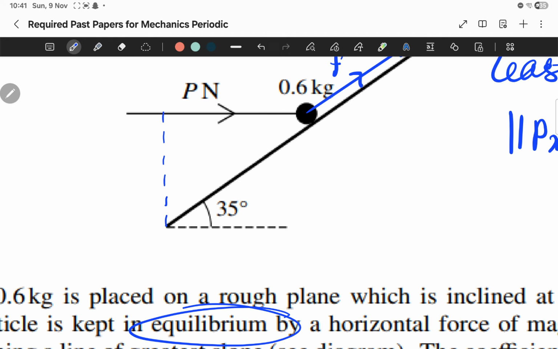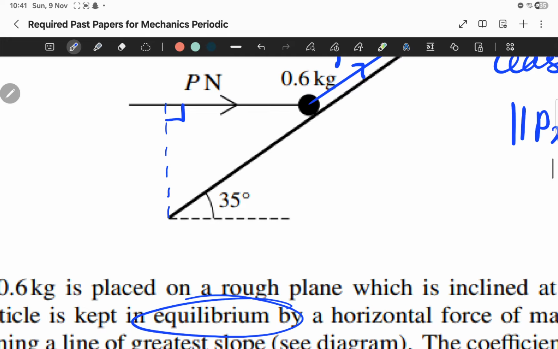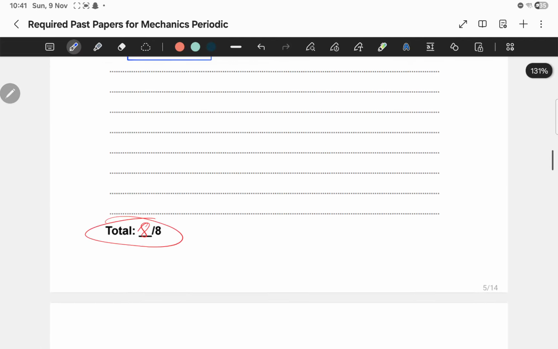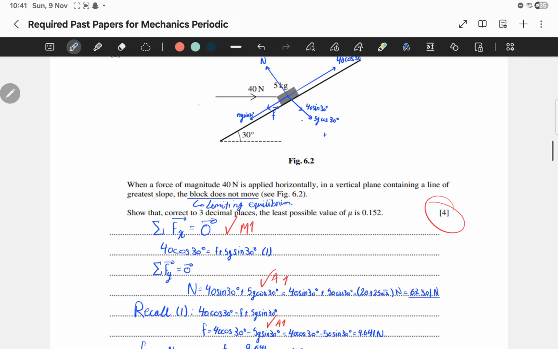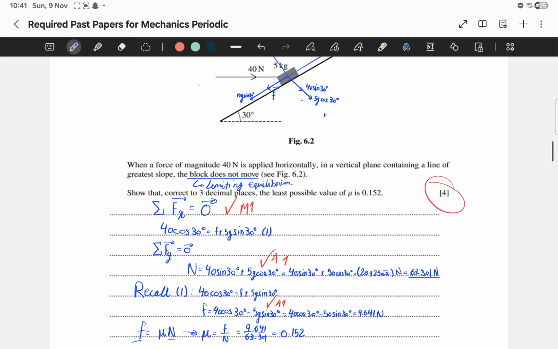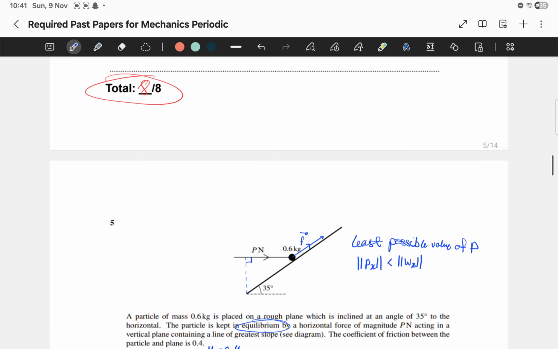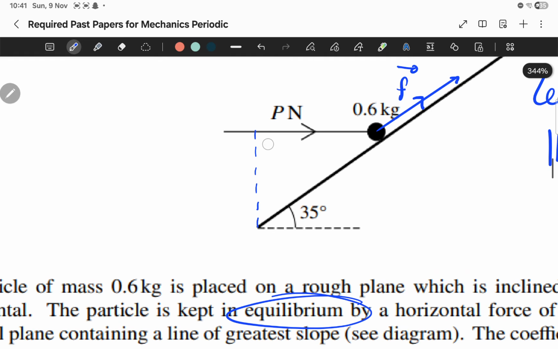Now, wasn't this our hypotenuse? P was the hypotenuse for vector addition. Yeah, it was. Wait, this is the wrong angle then. This is the right angle here. And then we make this triangle.